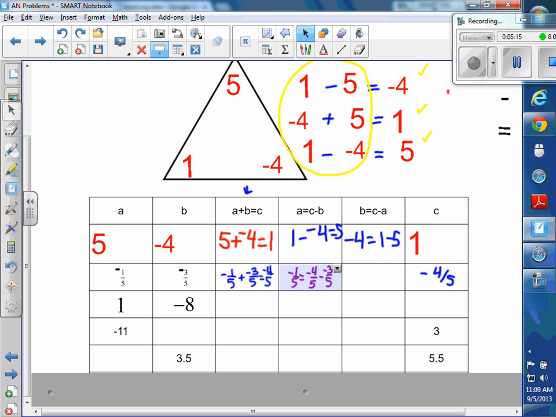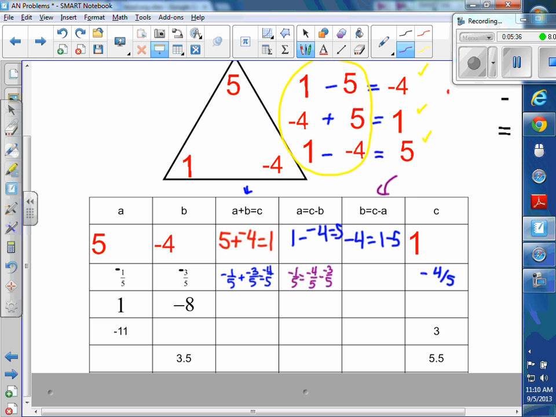And then the last one, hands in. What's the last one? Wait, I just had it on my board. I just erased it. You could just do it though, right? The rule's right here. I'm trying to get you guys used to seeing letters, right? So you can think algebra.